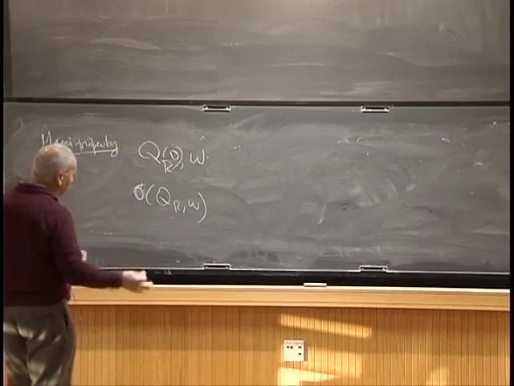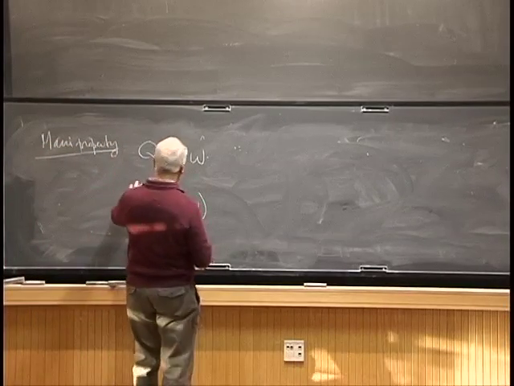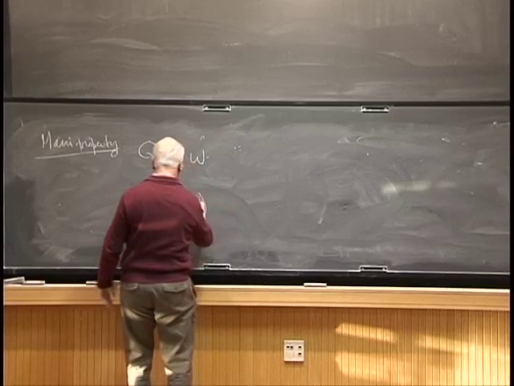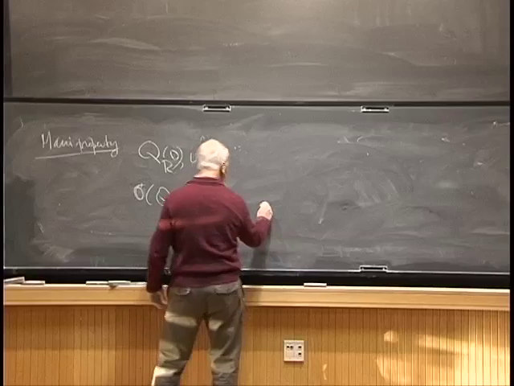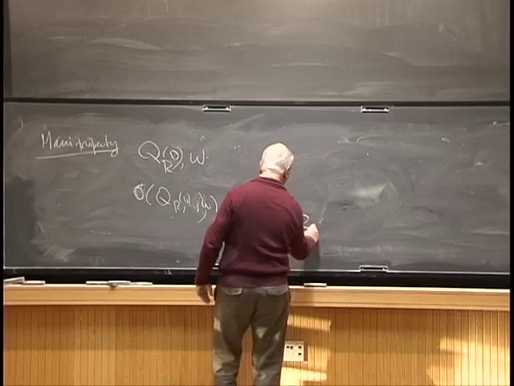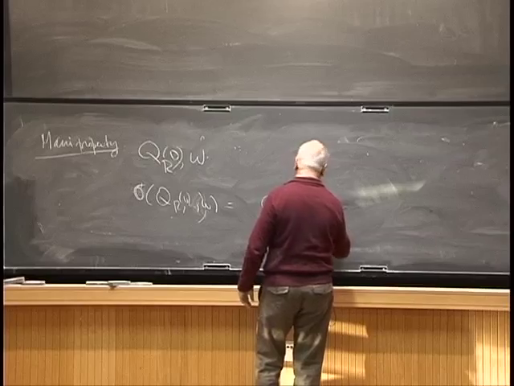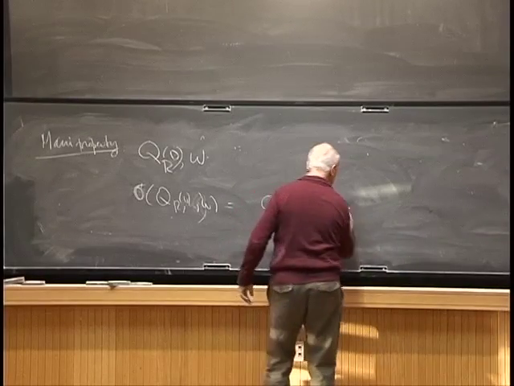In fact, I define it in all cubes in such a way that it's translation invariant. In other words, sigma of QR of 0 and omega is equal to sigma of QR of y and tau of minus y of omega.